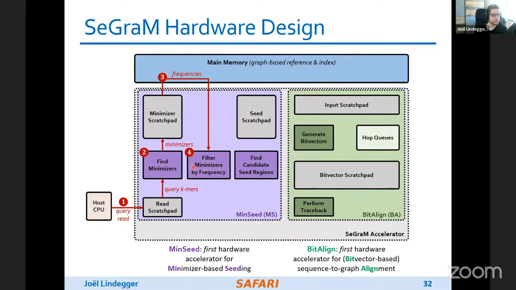Now, once we discarded those, anything that remains, we check the index for its seed location. So this would be a graph node essentially. Where, in which graph node did this current k-mer or this current minimizer show up? Once we find it, we obtain candidate seed regions.